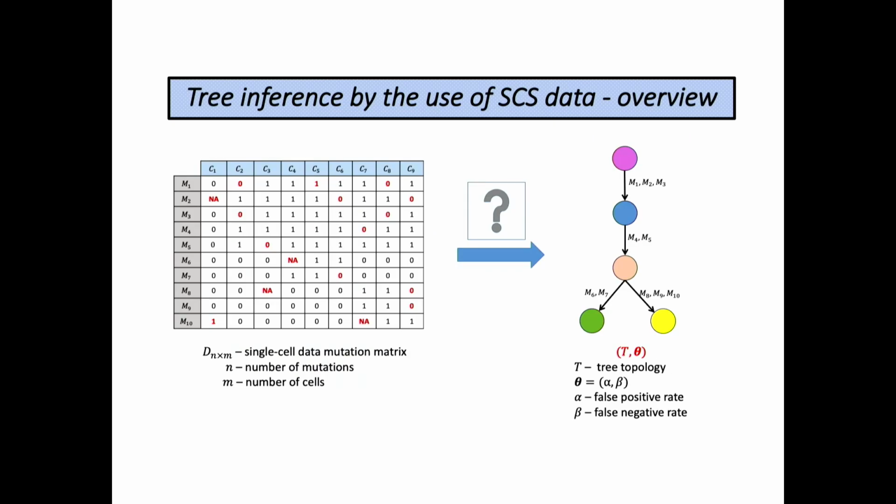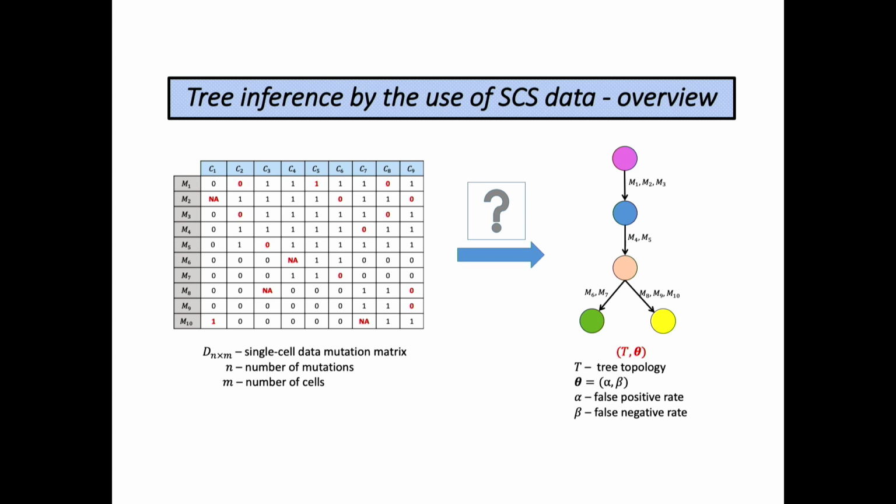So the inference algorithms that we came up with, and some others also came up with, are typically based on the following important assumption. We try to establish a tree that satisfies the infinite sites assumption. We assume that each mutation occurs once and only once in the entire history of the tumor development, right? So initially, I'll start with this assumption. Maybe I'll say a few words in the end on cases that violate this assumption.